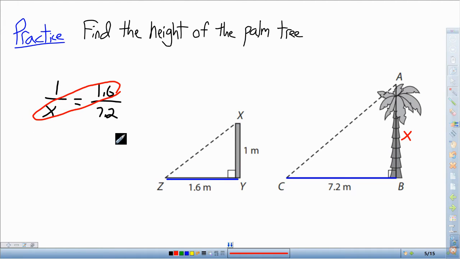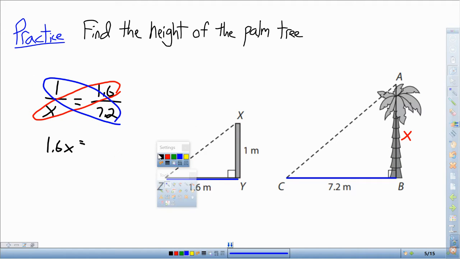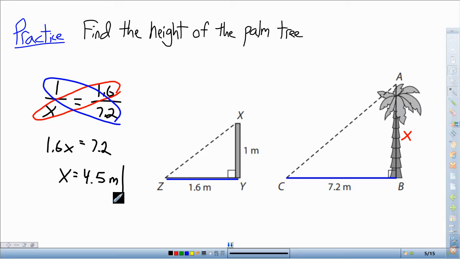So 1.6 times x is 1.6x, and 1 times 7.2 is 7.2. Last thing, solving for x, dividing by 1.6. 7.2 divided by 1.6, and it looks like I'm going to get 4.5. We're talking about meters here, so 4.5 meters.